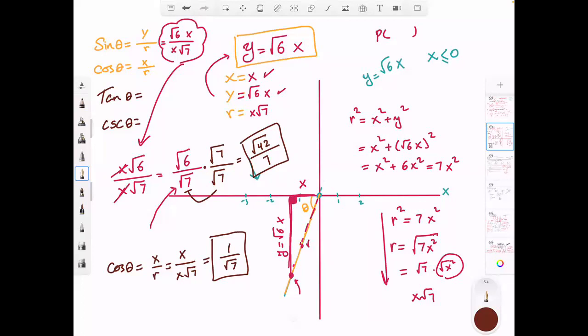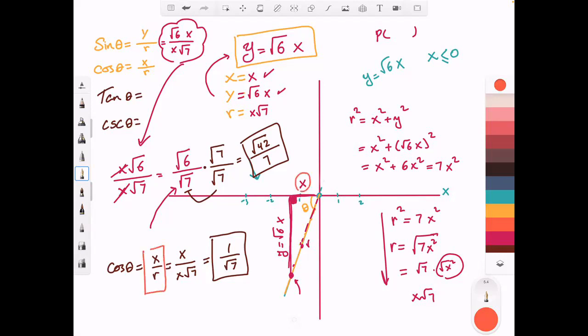Sure. So Elizabeth, you got 1 over root 7. Yvette, what did you get? Negative root 7 over 7 because x is less than zero. Very good. I forgot about that. So back to Elizabeth. We said x over r. This x is negative because we are here.